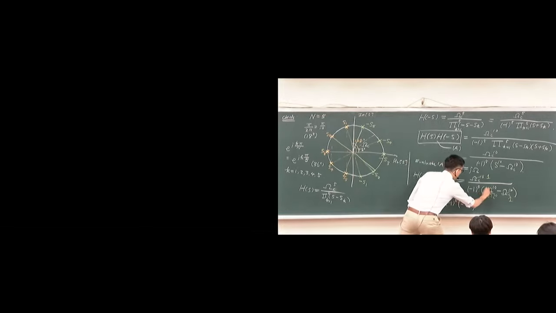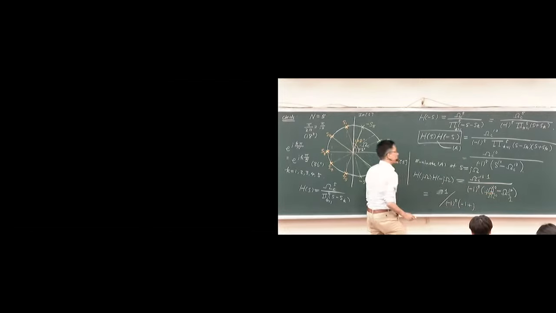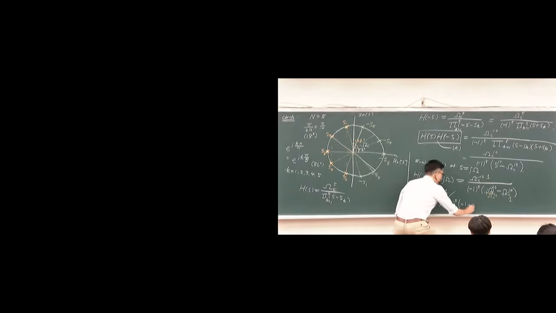I'm sorry, this is actually j omega, like that. Now, j to the 10th power and omega divided by omega c to the 10th power. So that's what we have at the bottom.